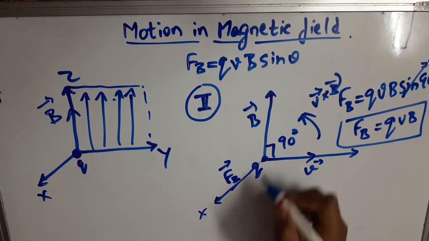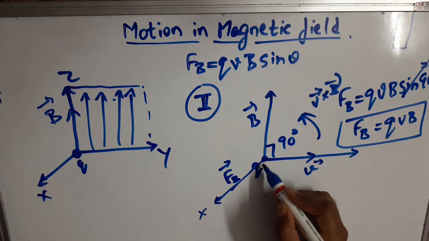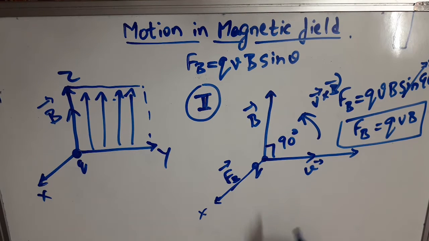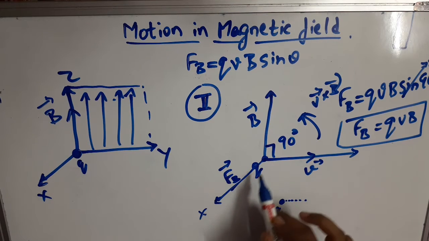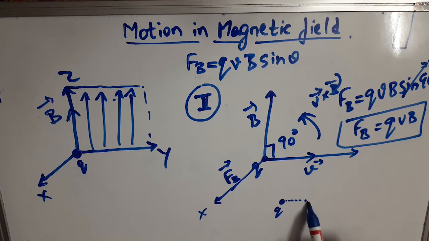So now once we have defined the direction of the force, I need to describe how actually the particle moves here. I have my charged particle here, and it has a velocity in this direction. I'm going to trace out the trajectory here. The particle moves with a velocity v, and it experiences a force F_B given by this magnitude, so it turns around.